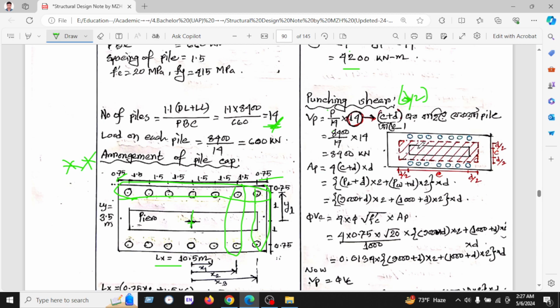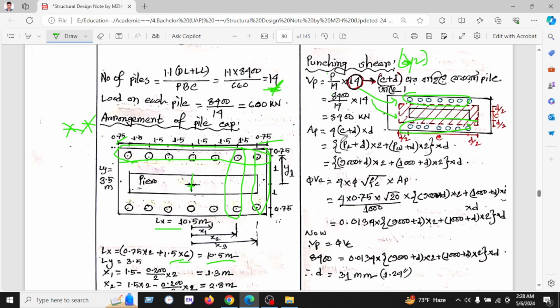C is a pair, and D by 2 and D by 2, we have found here is a 7, and here is another 7. That's why we have put the 14 and found 8400.